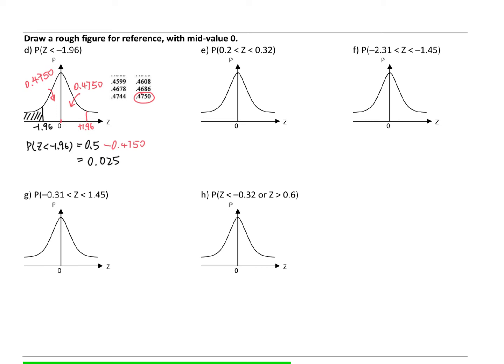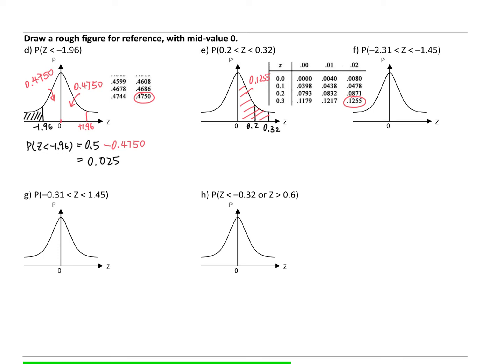And then for part E, the question asks you to find the probability between 0.2 and 0.32. So this time you have to check two values. For 0.32, you will get the value here, which means that this part is 0.1255.